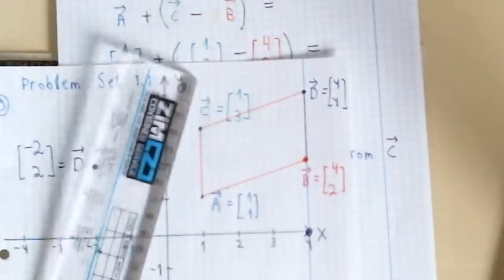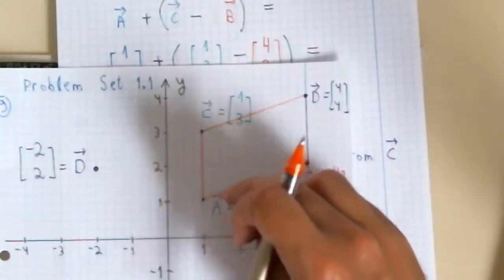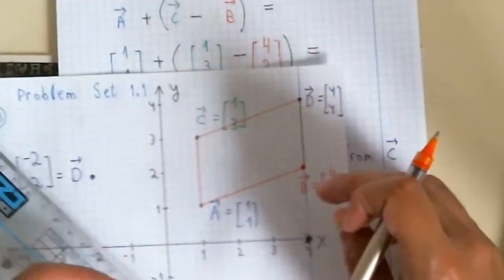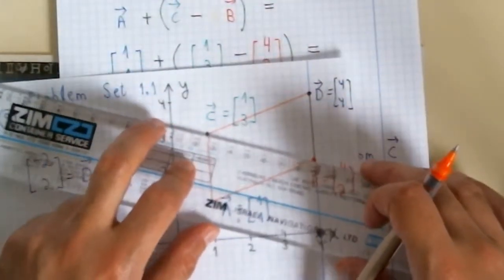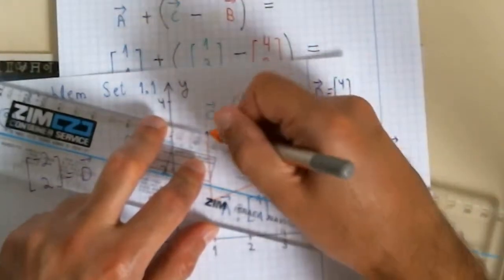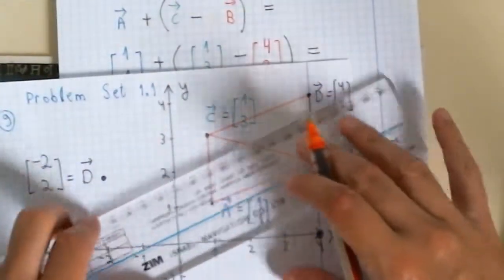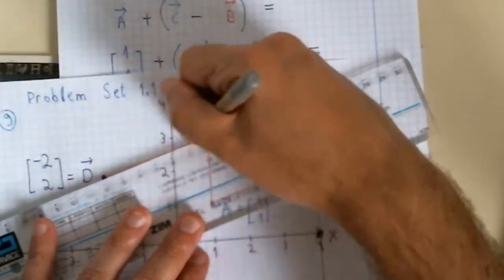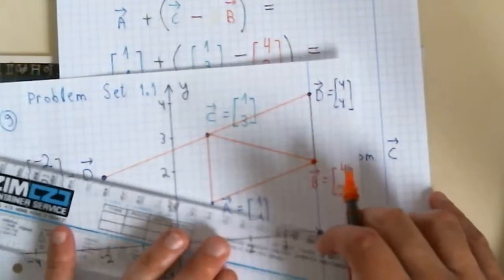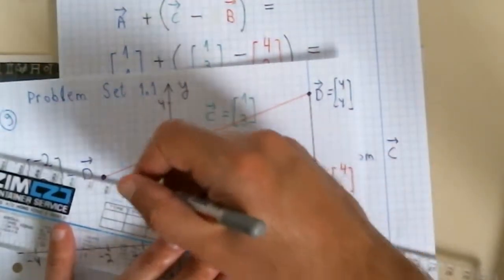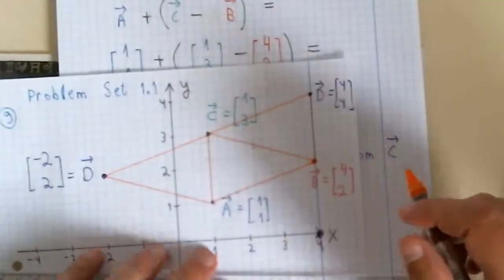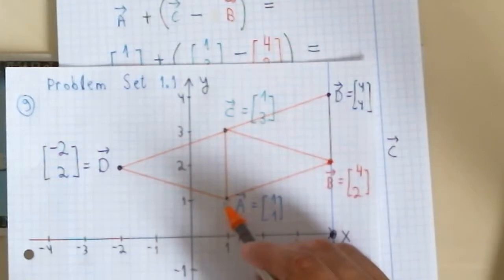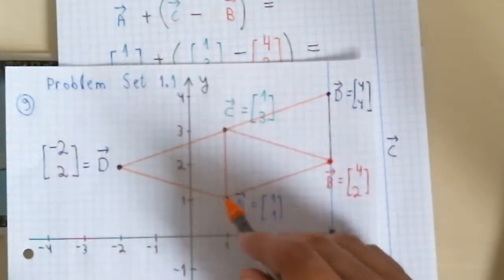Another option would be this parallelogram, A to B, B to C, C to D. I don't know if you can distinguish, I mean A to B to C to D, okay, this one.